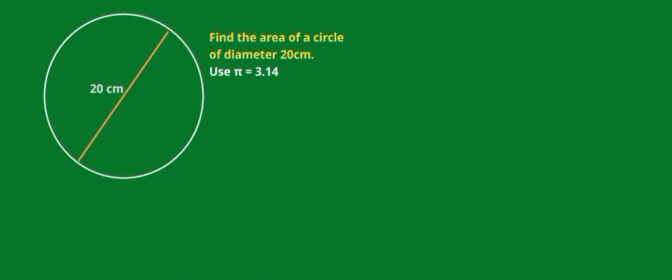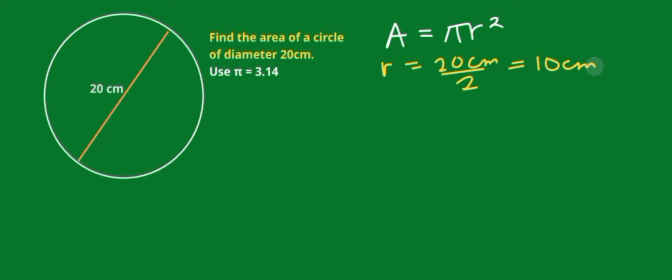In this second example, the diameter is given as 20 centimeters. Don't forget that the area of a circle, as earlier stated, is pi r squared. R is the radius, and that means it's quite important to find the value of the radius from the given diameter. In this case, the radius is half of the diameter, that's 20 centimeters divided by 2, so the radius of this circle is 10 centimeters.